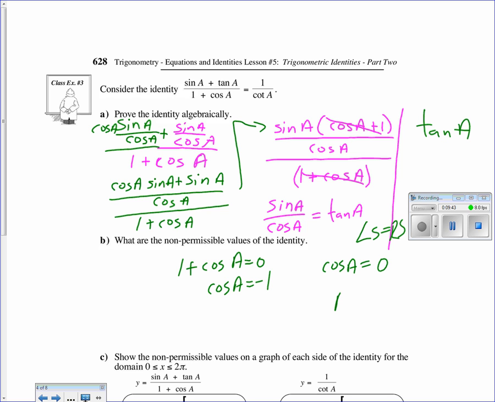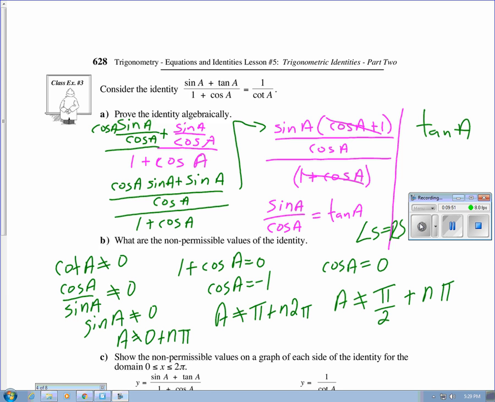And we know when that happens. A cannot equal pi over 2 plus n pi. So you can take a look at what that graph might look like and where the non-permissible values come in.